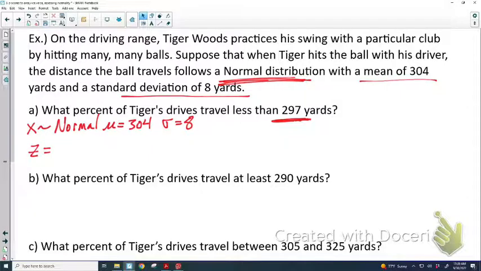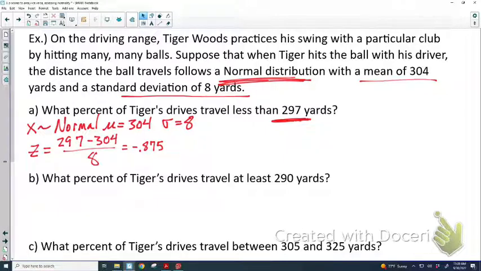So we're going to go 297 minus the mean. And now we have things in terms of z. We know we have a z-score of negative 0.875. Now we're rephrasing the question.